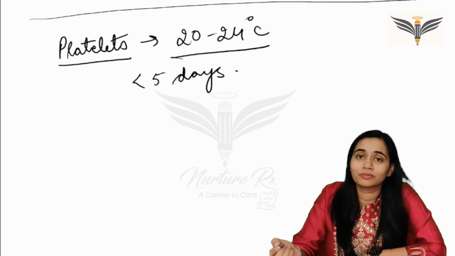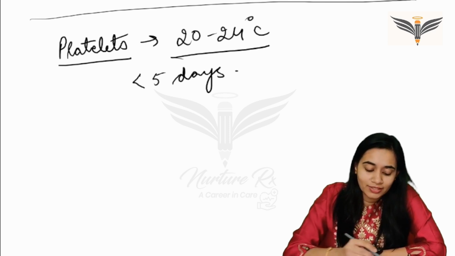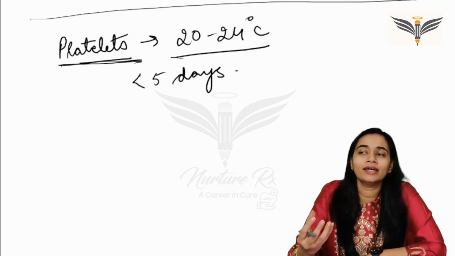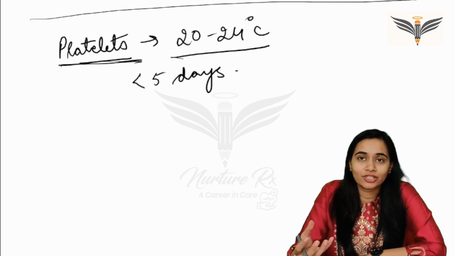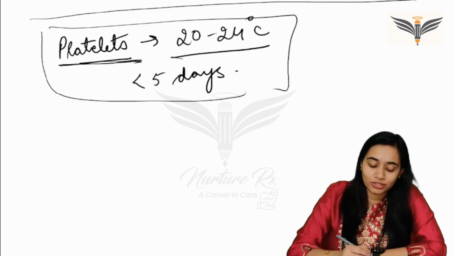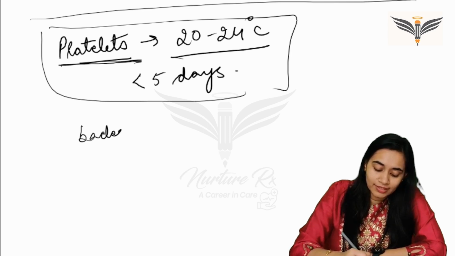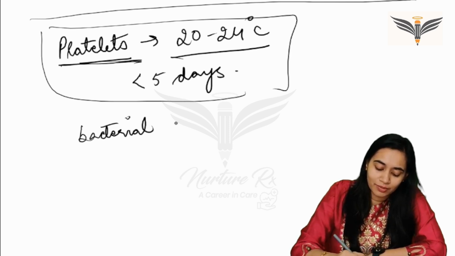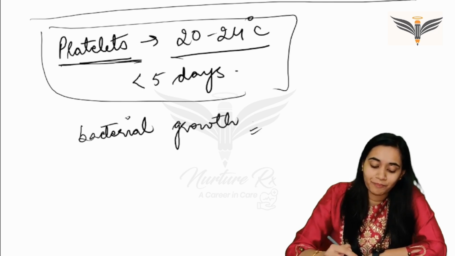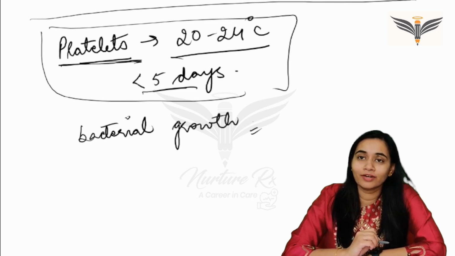What can be the possible reason? The possible reason is platelets are again part of blood and blood is a very good culture medium. So bacterial growth is possible in this. See, this is at room temperature and it has blood. So bacterial growth can very easily occur here. Okay, that is why the shelf life is 5 days.